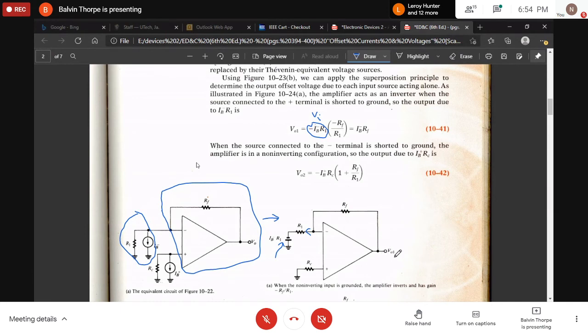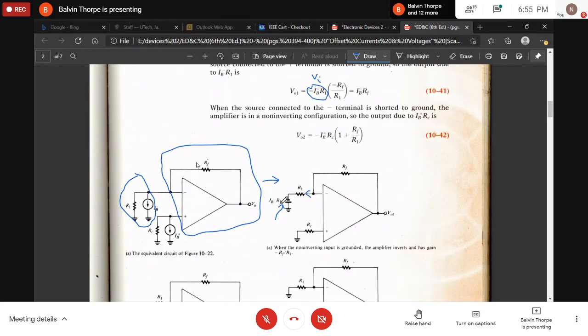And VO1, the output voltage, is the gain of the network times the input voltage. We know what the input voltage is: it is IB minus times R1. And the gain is the gain of the inverting amplifier, because this is grounded and this voltage is developed on the inverting input.